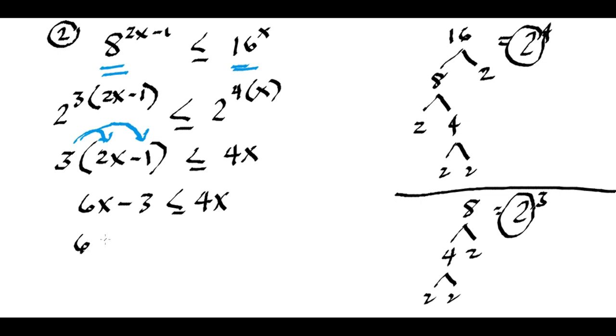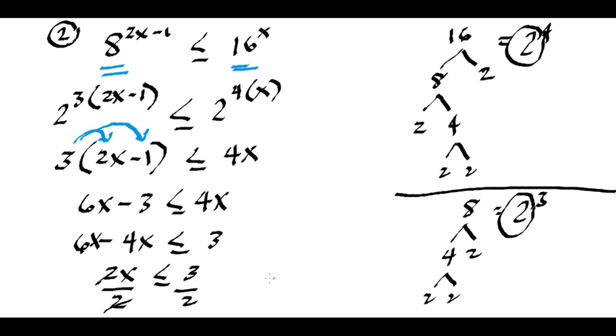So, copy 6x, ilipat ang 4x. So, that will be 6x minus 4x is less than or equal to, lipat ang negative 3, that will be positive 3. 6 minus 4, so we have 2x is less than or equal to 3. Then, divided by 2, divided by 2. So, cancel si 2. Ang matitira ay x is less than or equal to 3 over 2.